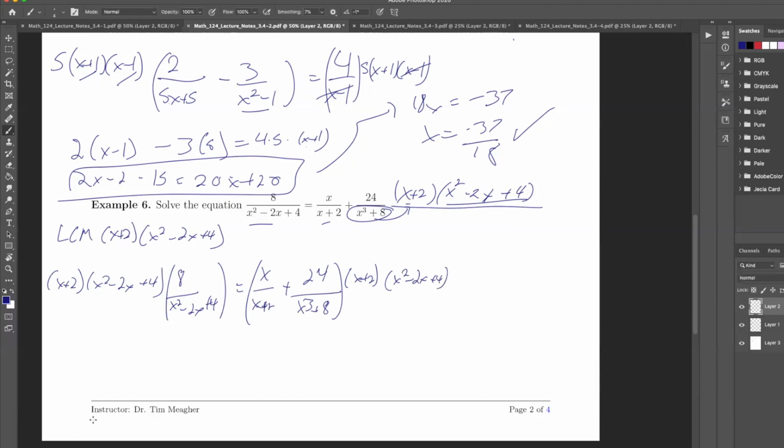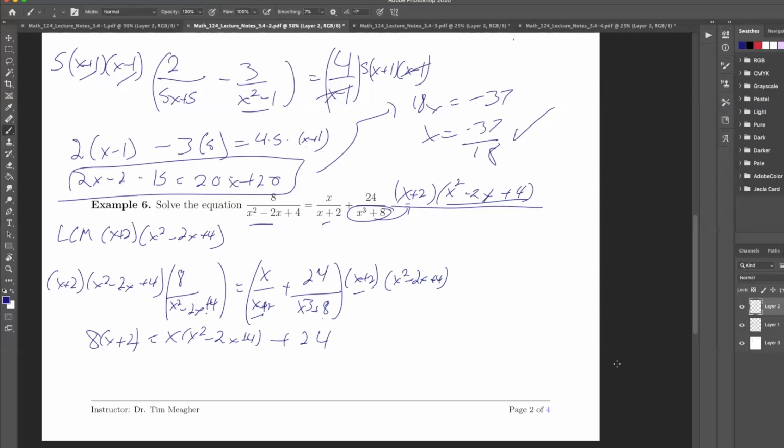All right, and then when we multiply, this cancels this term, so it'll just be 8 times x plus 2. This cancels this term, so I'm left with just x times x squared minus 2x plus 4. And for this term, this factored into that, so it cancels everything. So this is just plus 24.